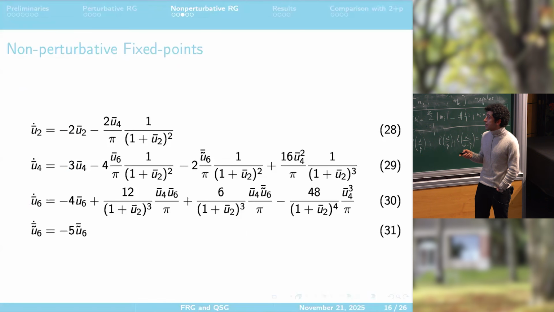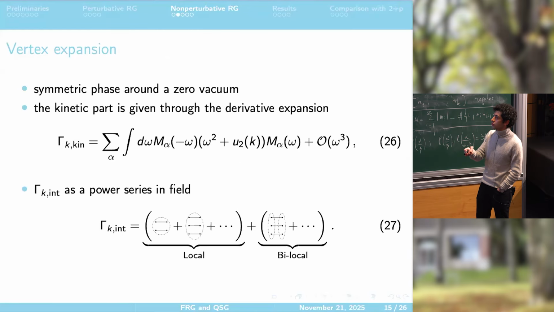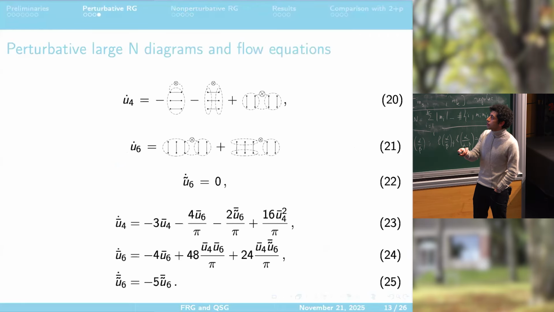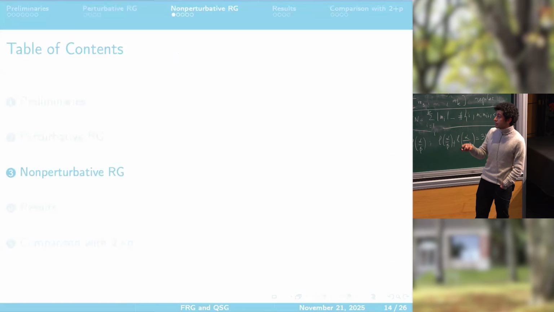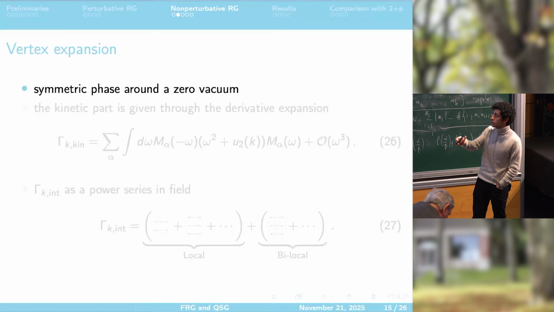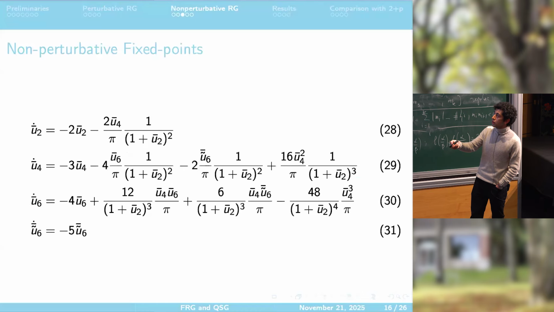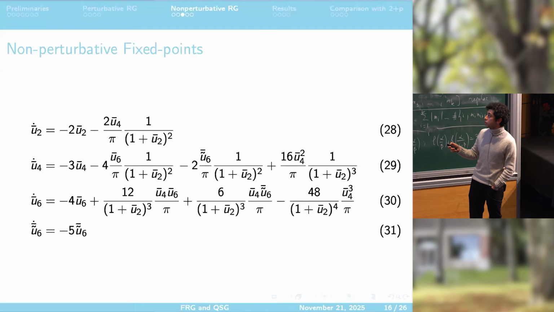But the difference is that we assume that in our diagrams, the bare propagator here is replaced by the full propagator, and that is actually the reason that we have these 1 plus u bar 2 factors in the denominator of our flow equations here.